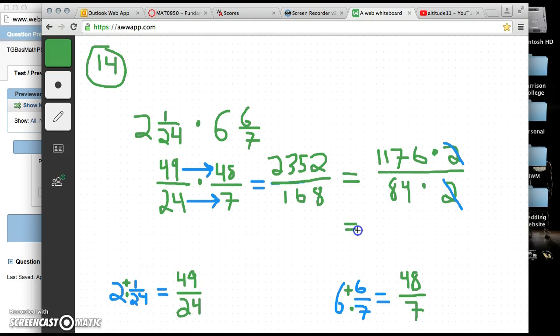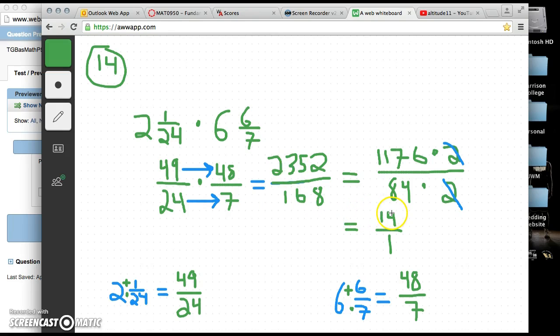What this tells us is that we could continue this process of factoring out 2's, and what we're eventually going to be left with is 14 all over 1, because 14 divided by 1 is in fact 14, which is the answer that we saw we should get.